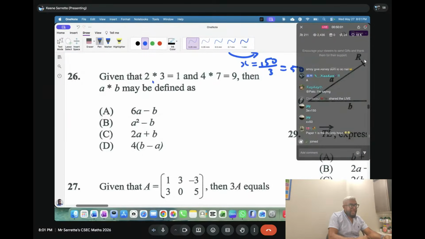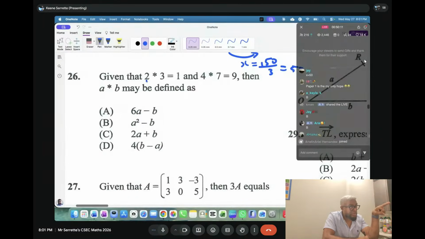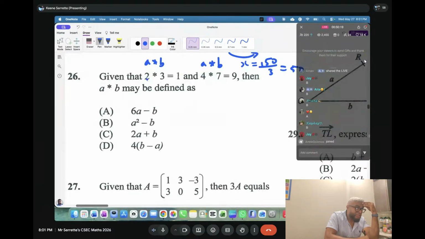So let me plug in this now. This question has changed up too, on TikTok, on Google Meet, on YouTube. So this is A, this is B. Plug in 2.